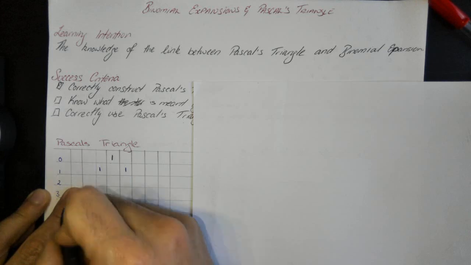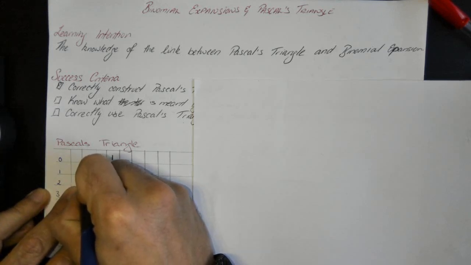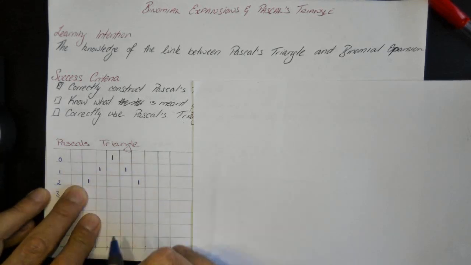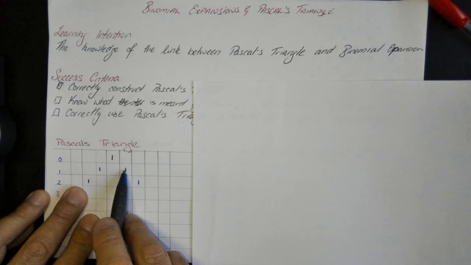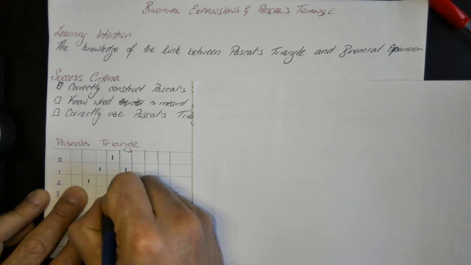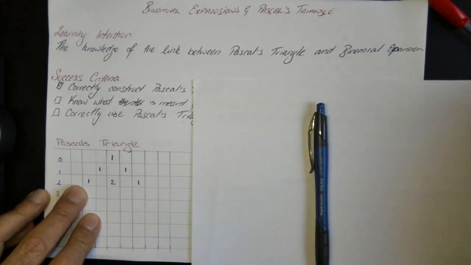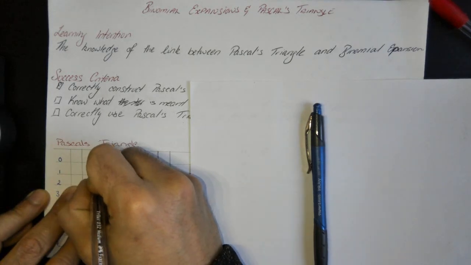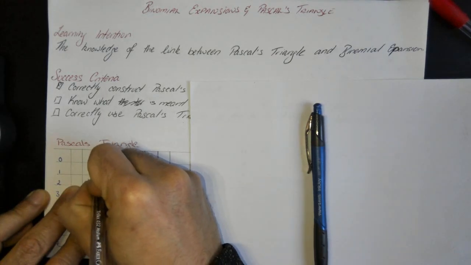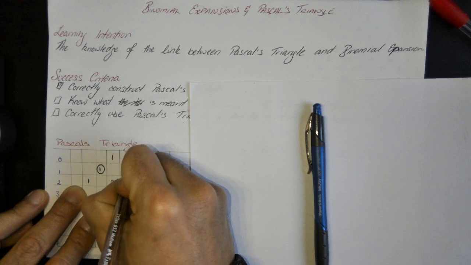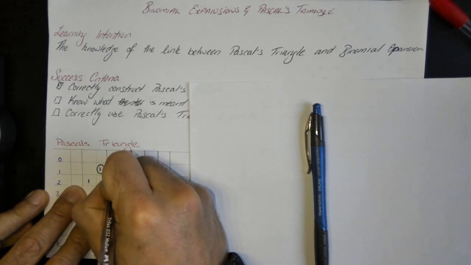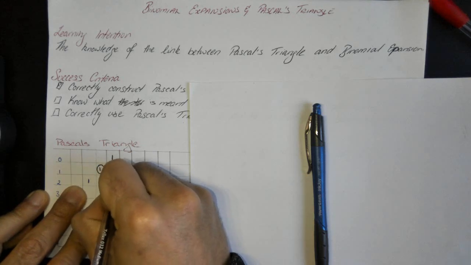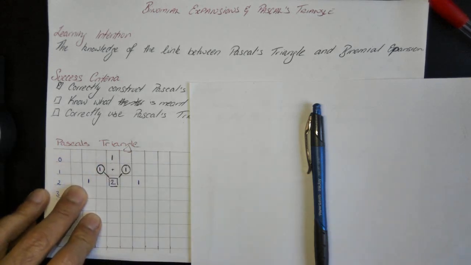If I repeat that again, now I'm going to ask, what is 1 plus 1? That makes 2. So the sums of the two above provide you with the next number down.